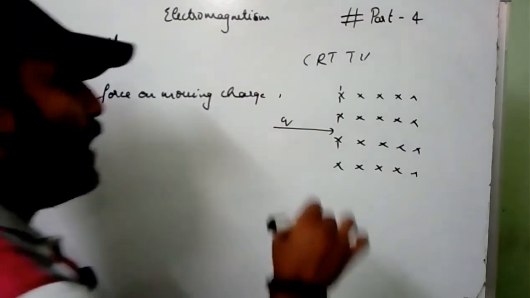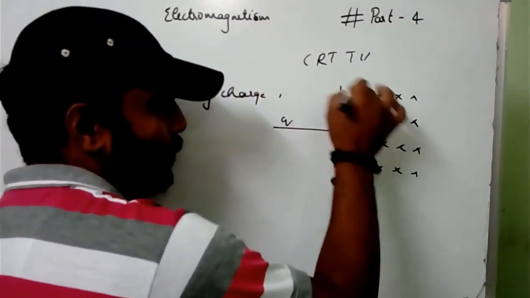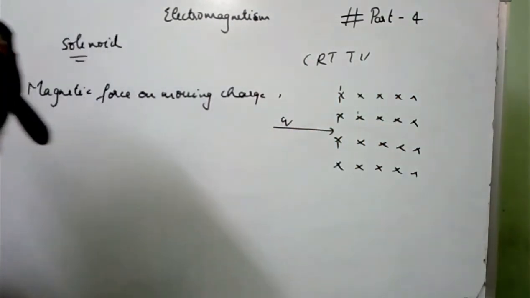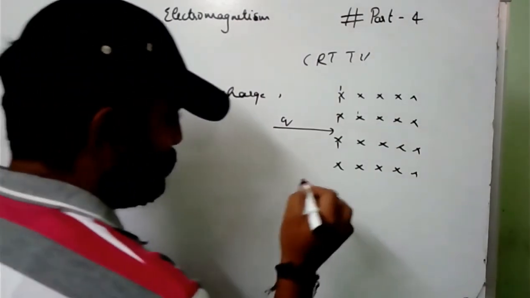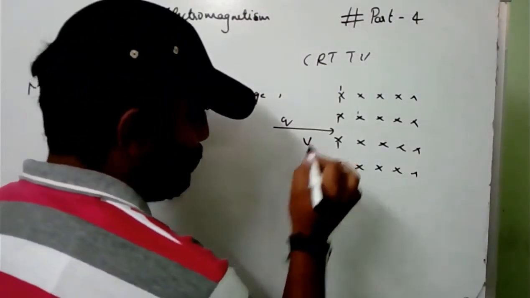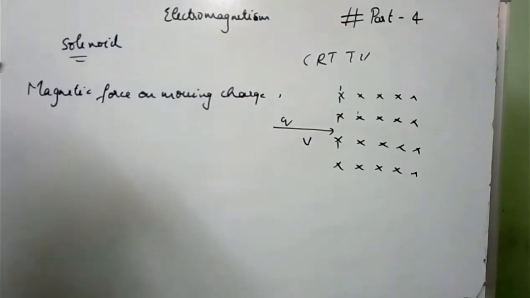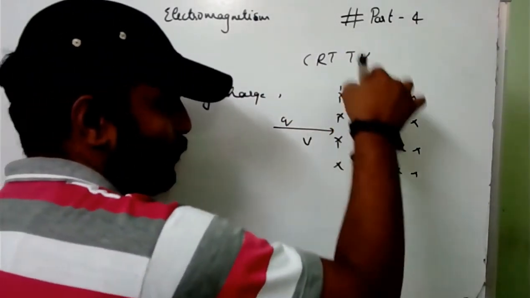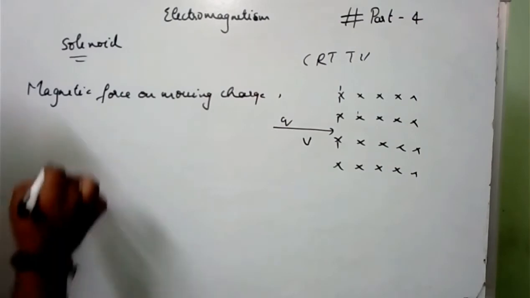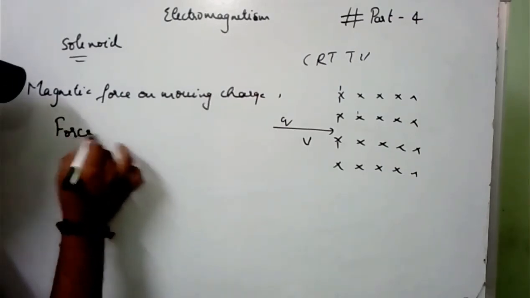Think that a charge is moving perpendicular to the magnetic field with a velocity v. Now what will be the effect of magnetic force on the charge?